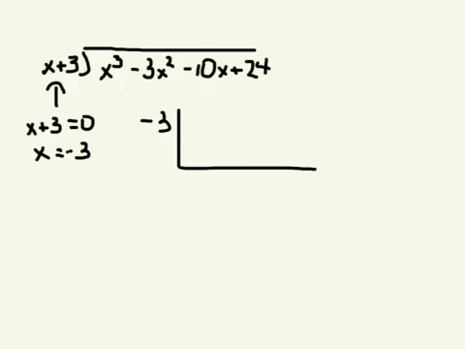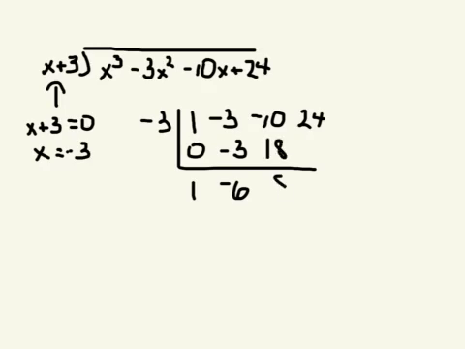Alright, what are the coefficients? X cubed is 1, x squared is negative 3, x is negative 10, constant is 24. If there's ever a term that's missing, you just write down 0. Always start with a 0 here. Now every time we go vertical, we add, then we multiply. Negative 3 times 1. Add. Negative 3 times negative 6 is positive 18.